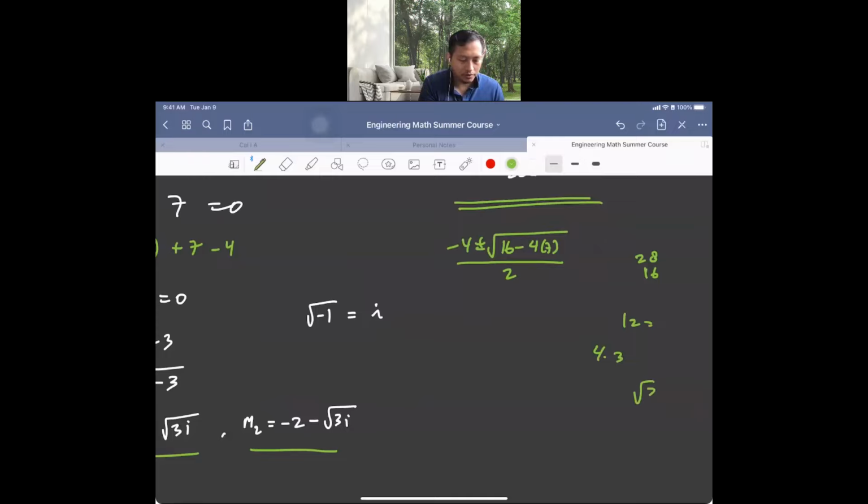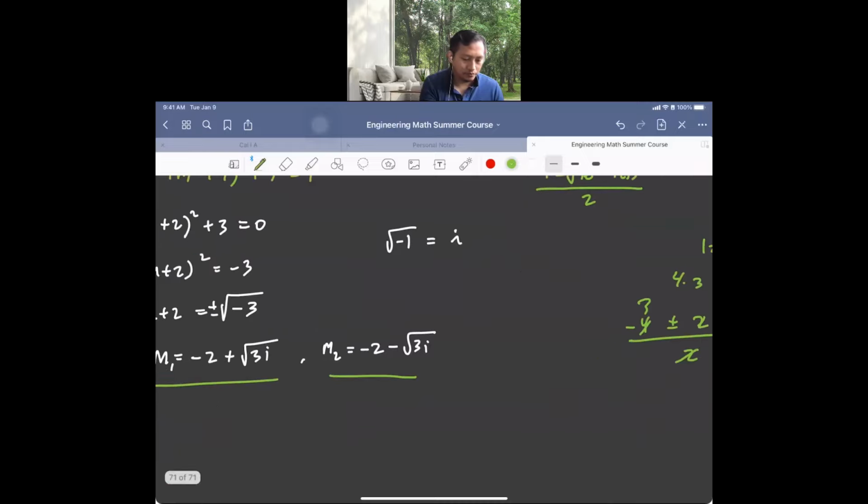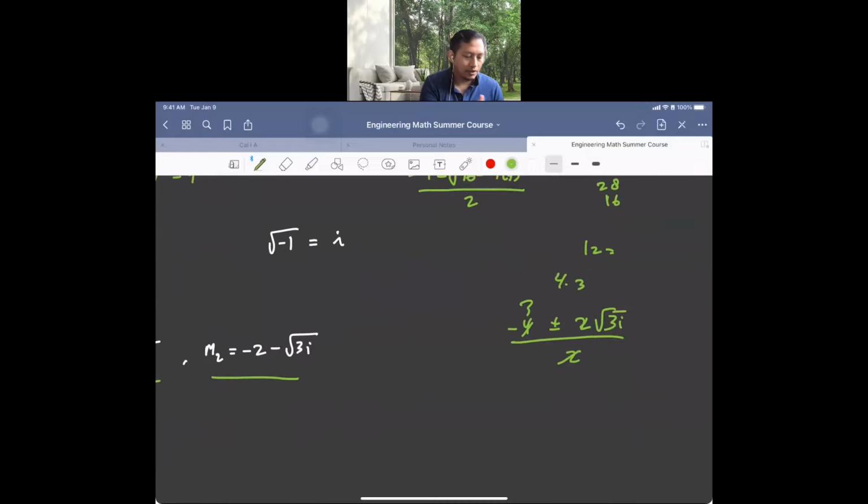So this will be 4 times 3, so square root of 3 times 2, right? Yeah, the same.